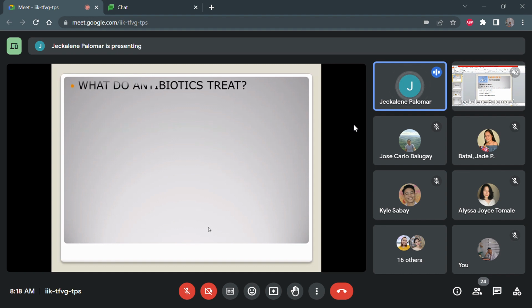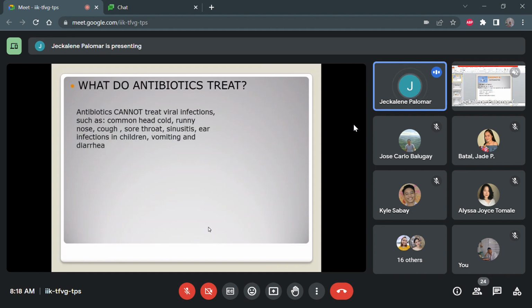So, what do antibiotics treat? Antibiotics cannot treat viral infections such as common head cold, runny nose, cough, sore throat, sinusitis, ear infections in children, vomiting, and diarrhea.